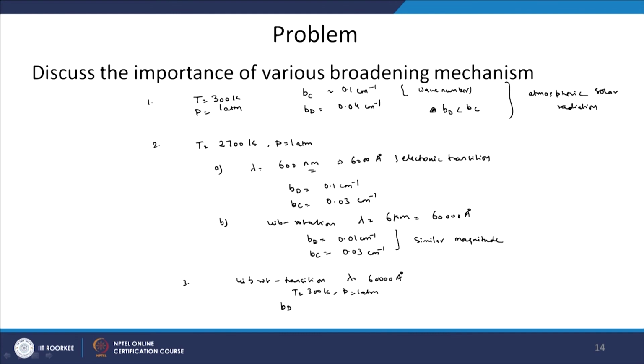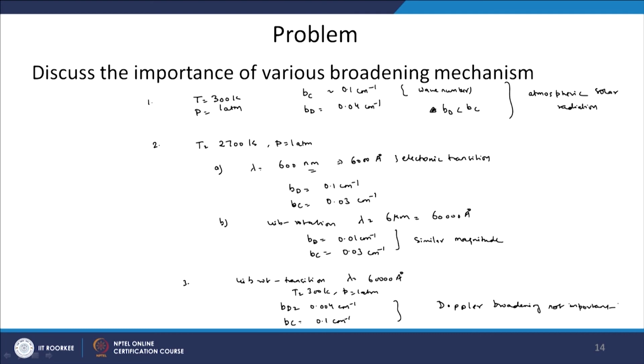So, Doppler broadening here is 0.004 centimeter inverse and collision broadening is 0.1 centimeter inverse. So, here Doppler broadening is not important.